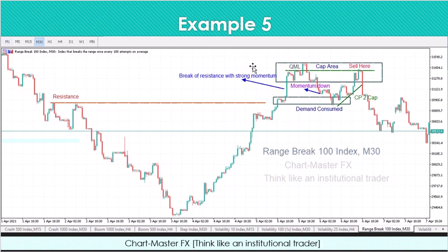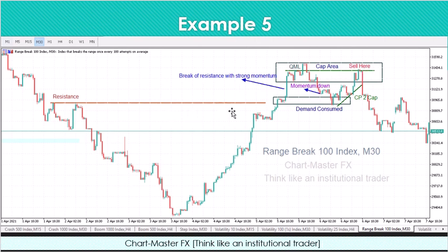The cap area is here, and you can see that the price came down with some strong momentum down to this base, and this base was able to hold the price, and the price went up to the cap area guys, and we had a Quasimodo level here, which makes it a more confluent trade. And guys, I think there was a 3 drive here. There must be a 3 drive somewhere here, and we have a compression to cap guys. Then you can sell here.